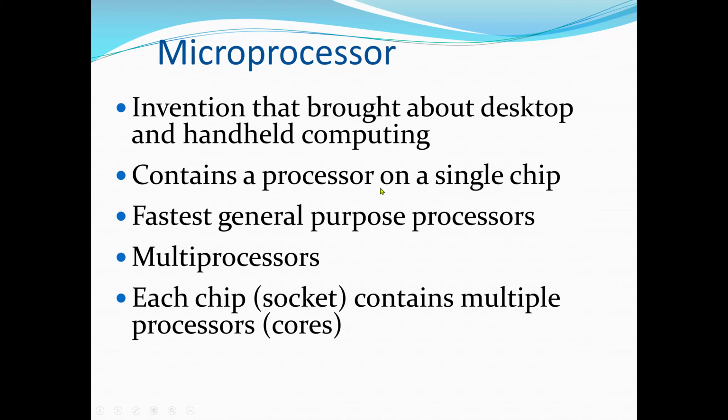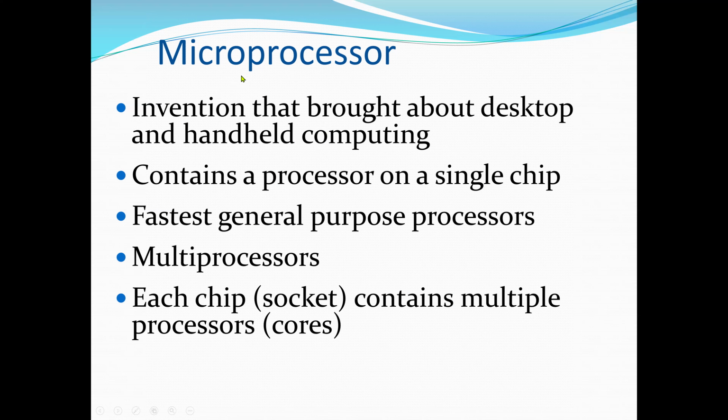The next we talk about is what a microprocessor is. Here we say this is an invention that brought about desktop and handheld computing. We know the term micro means something that is very, very small. Previously, somewhere in the 50s, 60s, a computer could be as large as a regular size room, very large.